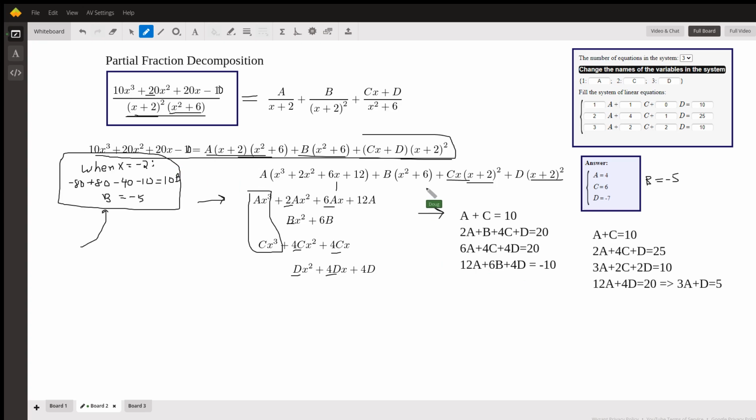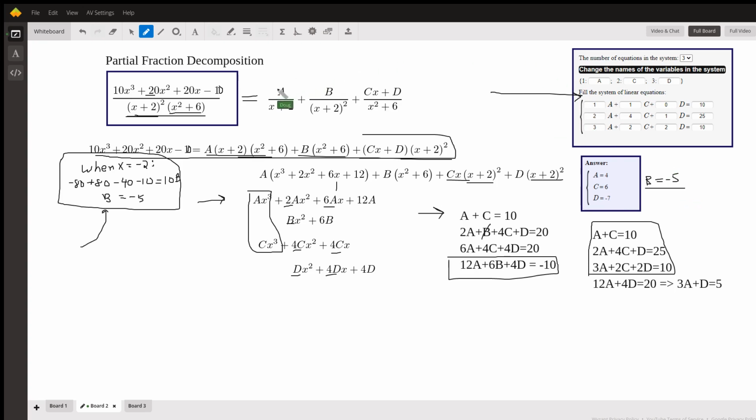And at this point, since we know B is negative 5, we don't really need that fourth equation because we can replace this B with negative 5 and solve that system. 3 equations, 3 unknowns. And you can solve that system however you want. I used an online Gaussian elimination calculator. I actually did it by hand first and found out that A is 4, C is 6, D is negative 7. We already know B is negative 5.